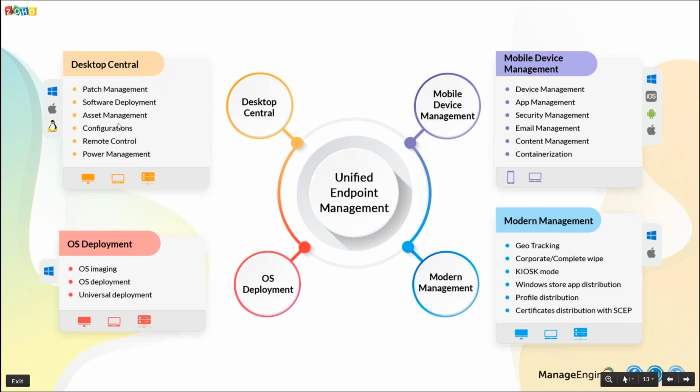In fact, if you're following our training schedule, we will talk about this in our upcoming sequence. You can manage other functionalities, including mobile device management for iOS, Android, Windows, and Chromebook.